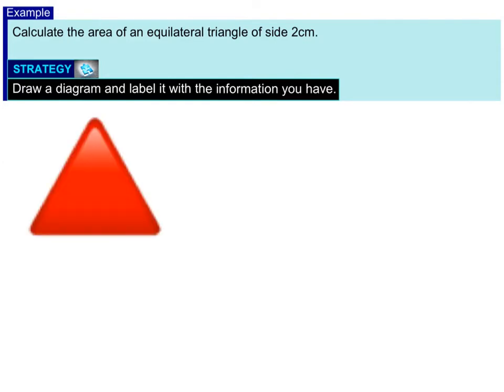We've been told it's of sides 2 centimetres, so we know each side will be 2 centimetres, and each of the angles are the same. So my angle is going to be 180 divided by 3, which will give me 60. So each angle in my equilateral triangle is 60 degrees, a fact that you should hopefully know already.